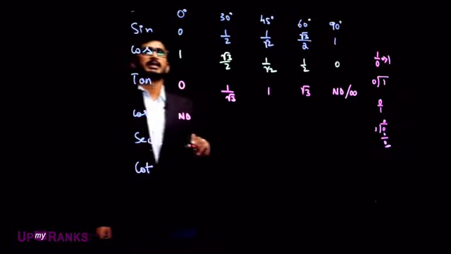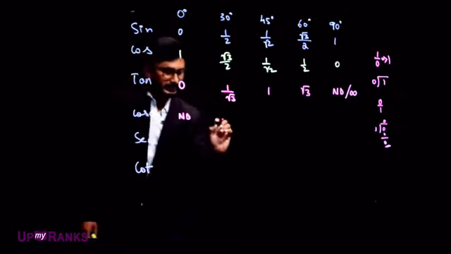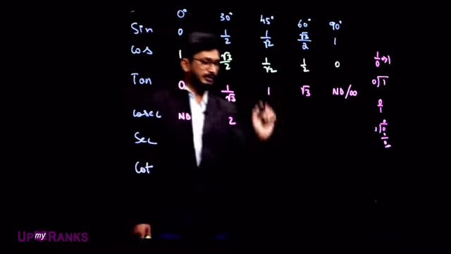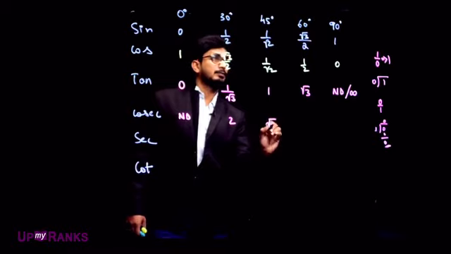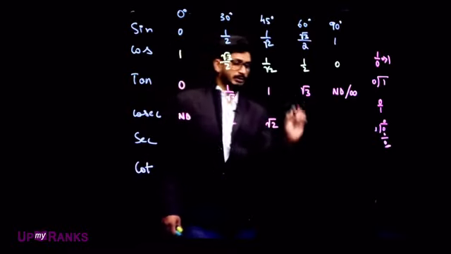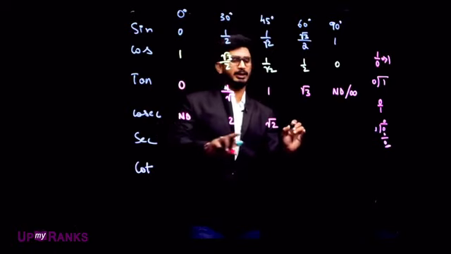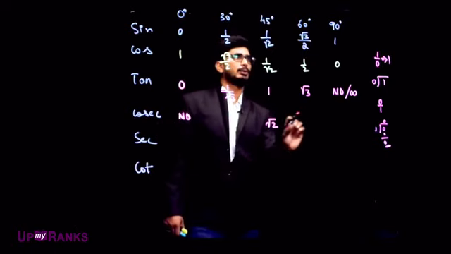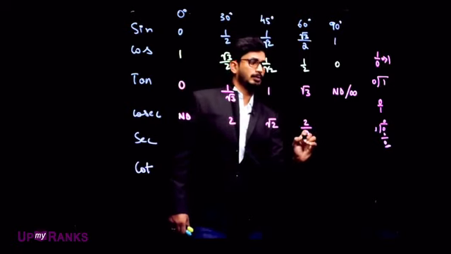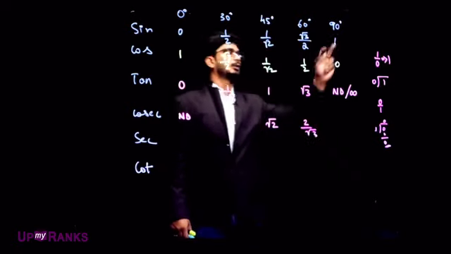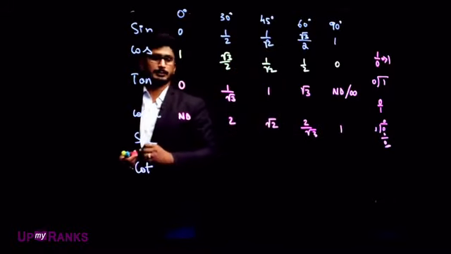And now you can see here, the reciprocal of sine 30 degree, which is 1 by 2, is 2. The reciprocal of 1 by root 2 is root 2. Then we have 2 by root 3, and 1 by 1, which is 1.